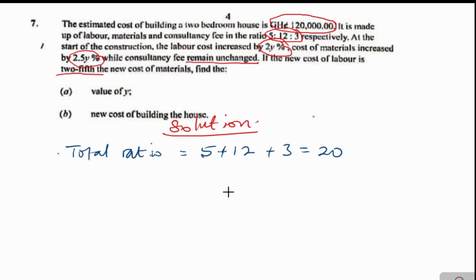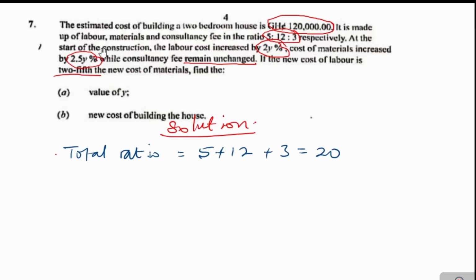Then after this, we can use this to find the value of y. Alright, so now that we know the total ratio and we've been given 5 as the labor part of the estimated cost of the building, we'll use this 5 to find the estimated cost of labor. So let's go ahead and do that.